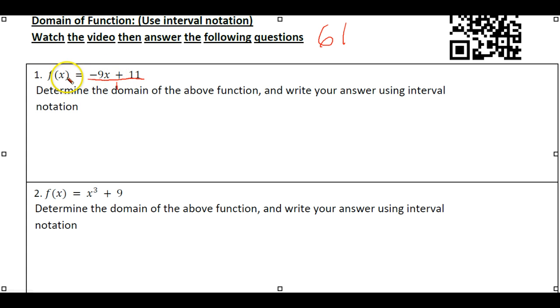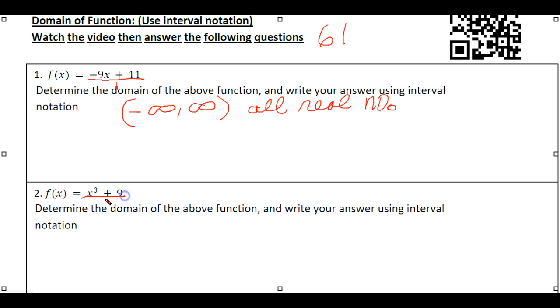So this is a function, and the domain of it, I should say, is from negative infinity to positive infinity. That is all real numbers.